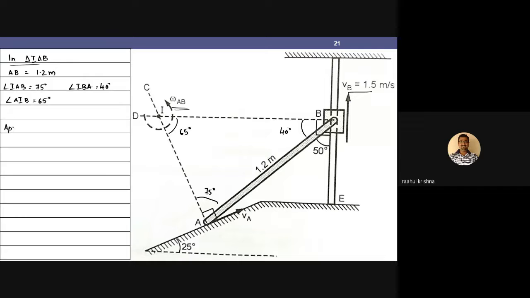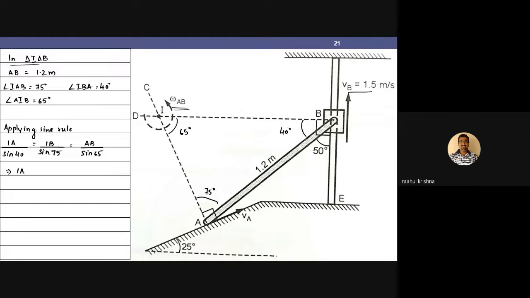Now applying sine rule: IA upon sine 40 equals IB upon sine 75 equals AB upon sine 65.